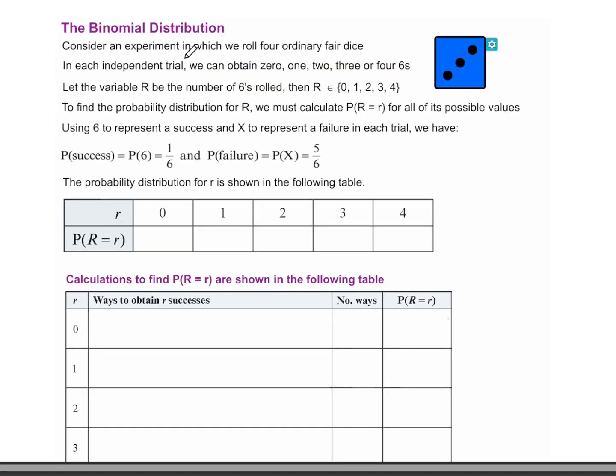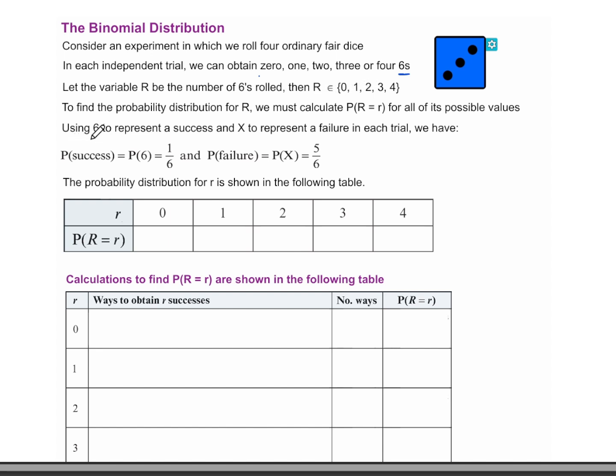Let's consider an experiment in which we roll 4 ordinary fair dice, and in each independent trial, we can obtain 0, 1, 2, 3, or 4 sixes. Therefore, getting a 6 is your success. That's what they're saying. And we let the variable r be the number of 6s that are rolled. So again, we can have 0, 1, 2, 3, or 4 sixes from our 4 rolls.